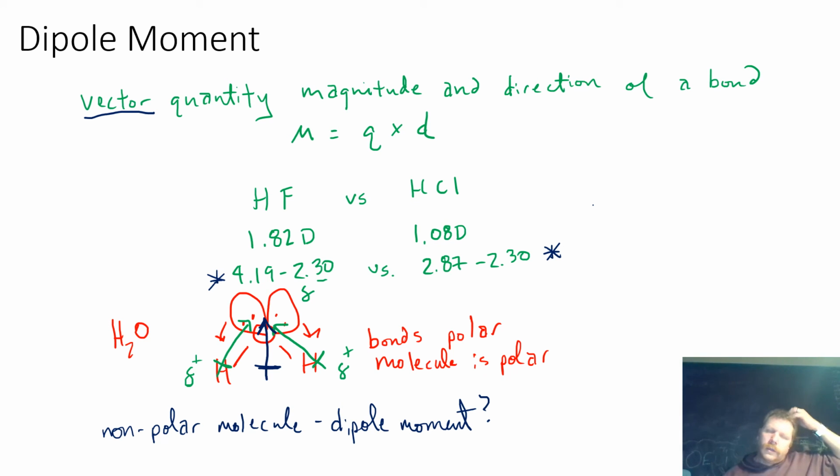There are multiple bonds that are going to cancel one another out. So a nonpolar molecule has no dipole moment. If it has polar bonds that cancel one another out, then that's a good example of a molecule that does not have a dipole moment.